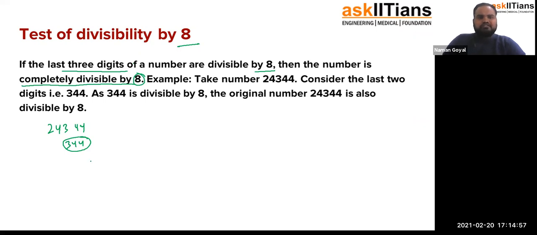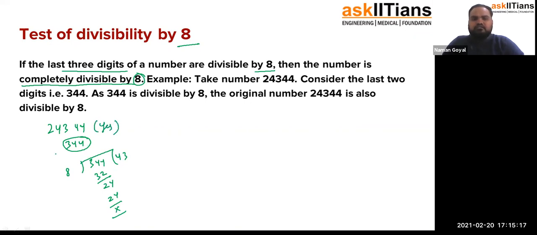You can check it easily, right? If you divide 344 by 8, how much do you get? 8 fours are 32, 2 and 4, 8 threes are 24. Yes, it is divisible by 8. So we can say that this number is also divisible by 8. Are you getting my point?